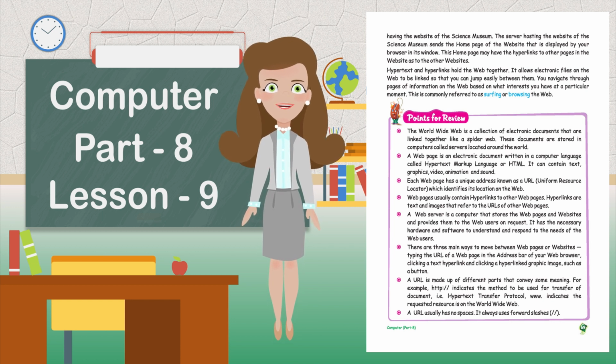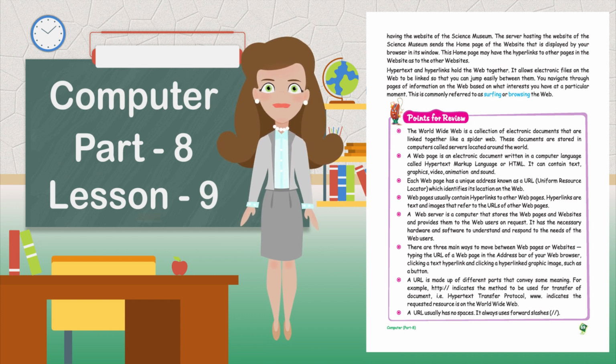It can contain text, graphics, video, animation, and sound. Each web page has a unique address known as a URL, Uniform Resource Locator, which identifies its location on the web. Web pages usually contain hyperlinks to other web pages.